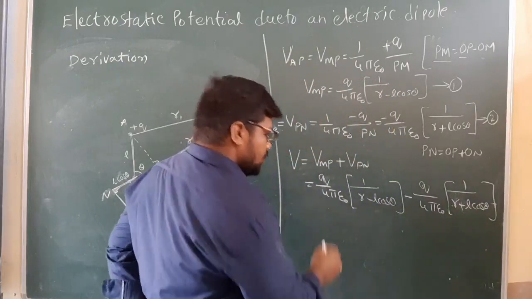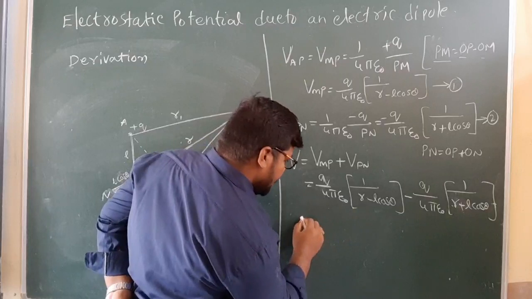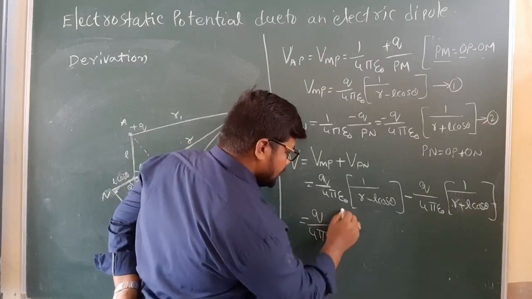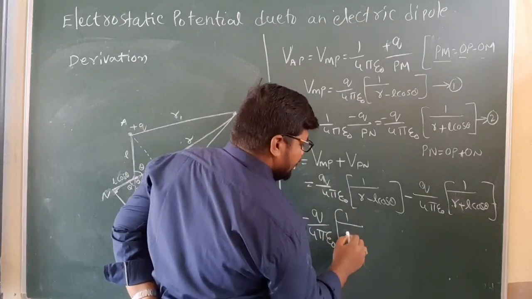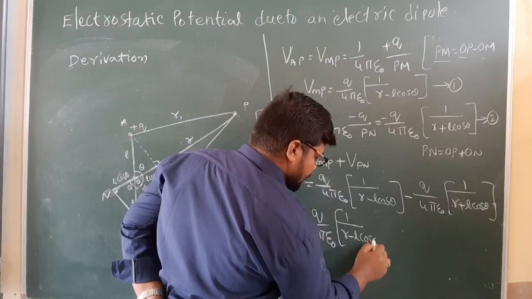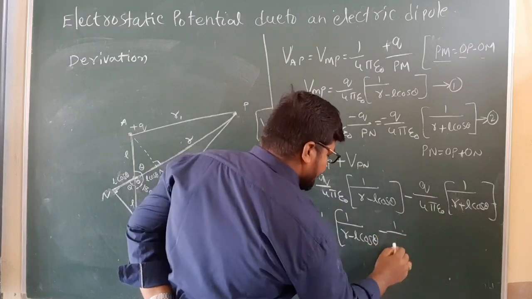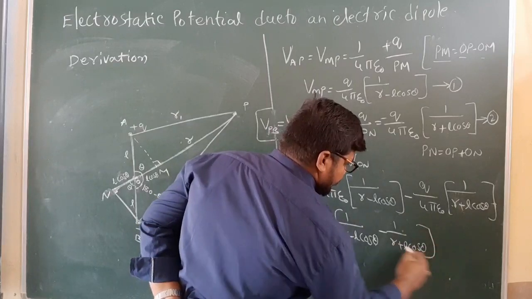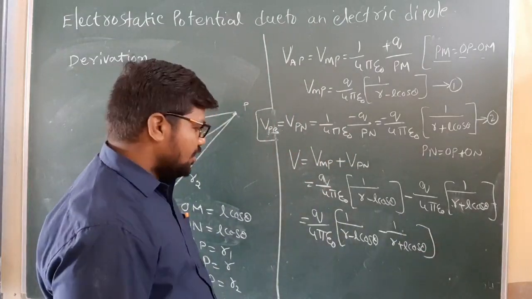It's clear? So Q by 4 pi epsilon naught is common, remaining terms 1 divided by R minus L cos theta minus 1 divided by R plus L cos theta. Okay, it's clear?